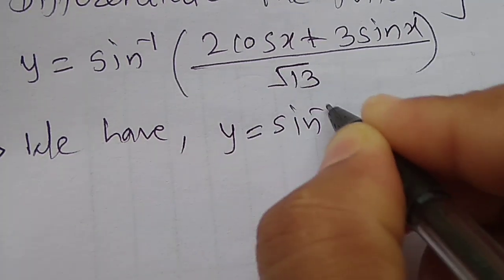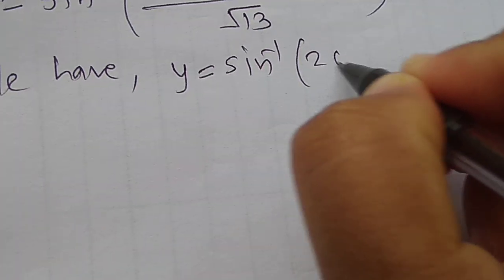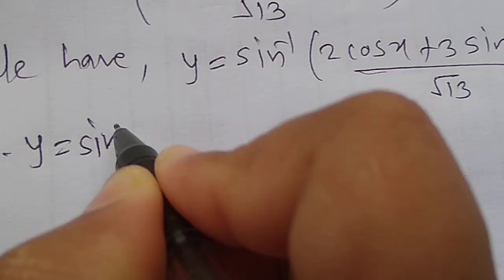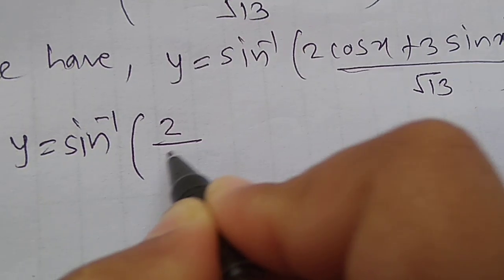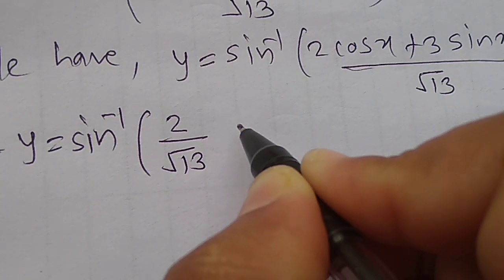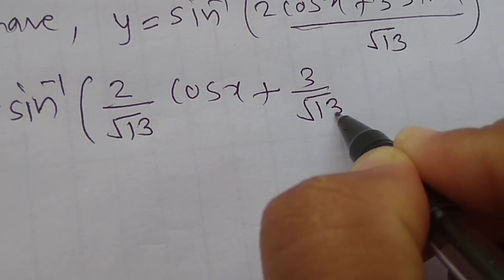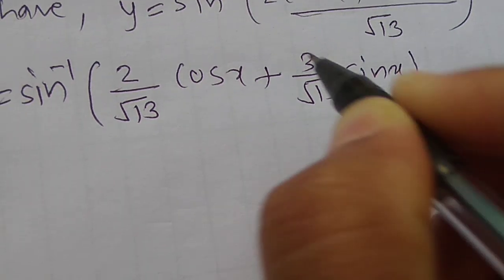So we have y is equal to sine inverse of 2 cos x plus 3 sin x upon root 13. It can be written as y is equal to sine inverse of 2 upon root 13 cos x plus 3 upon root 13 sin x.